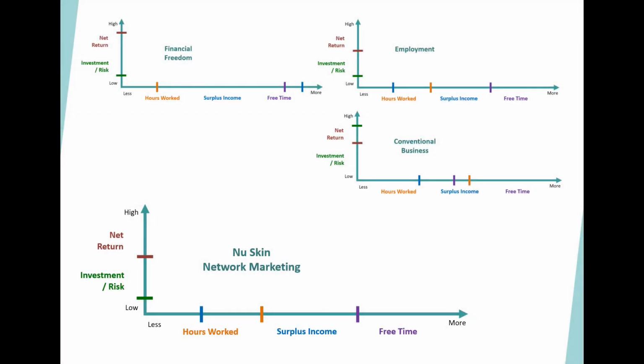For this scenario, I'll assume something like 8 hours per week, although you may choose more depending on your circumstances and goals. As a result, your total hours worked have increased and free time reduced accordingly. And like with working a second job or overtime, your net return on effort, along with your surplus income, begins to increase in line with your business success.